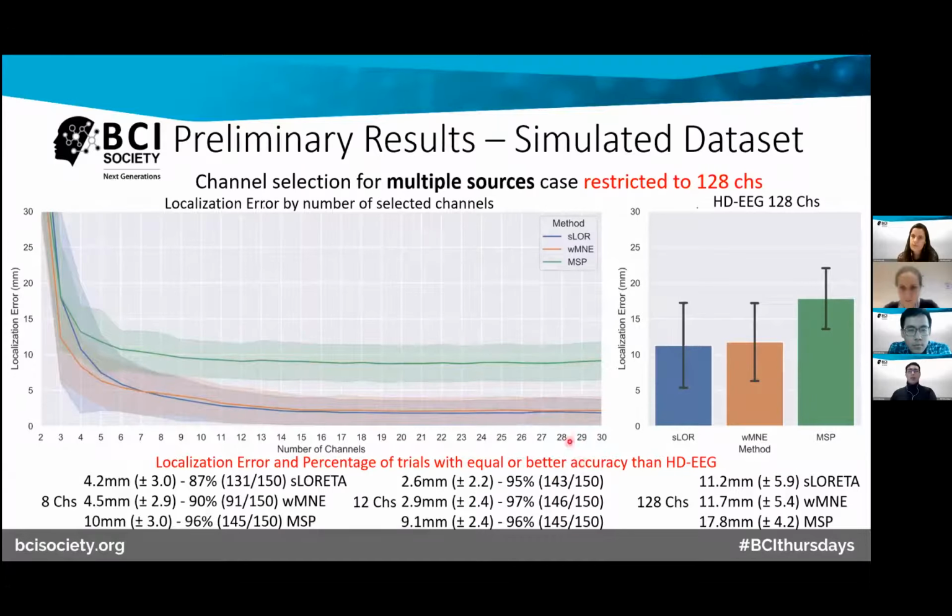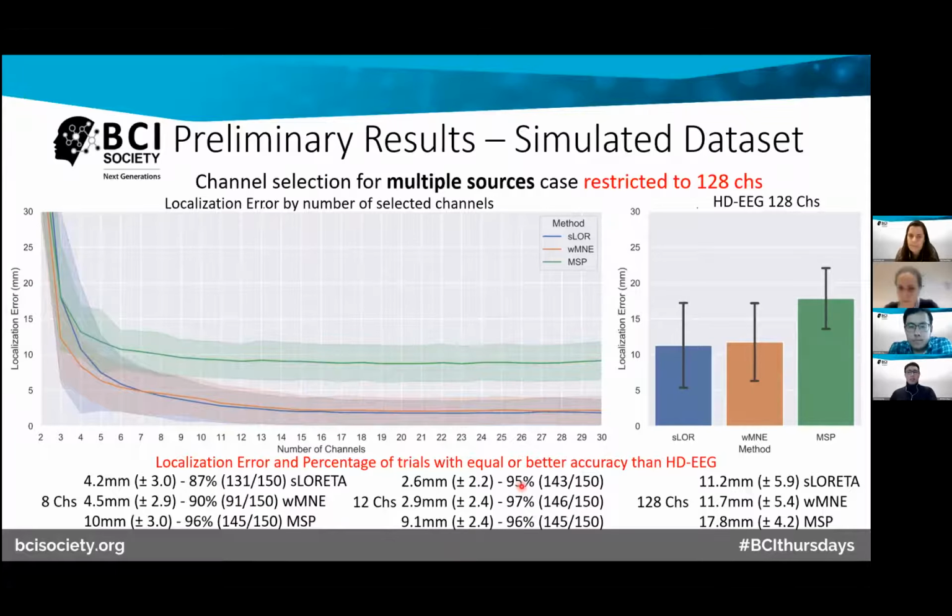And then we found that it was still possible to find a combination of channels in the low density systems or numbers, in which we could keep values below 5 millimeters of error and lower than using the 128 channels. And in such cases, with 8 electrodes, 87% of the trials that we evaluated obtained equal or better accuracy than high density with 128 electrodes.